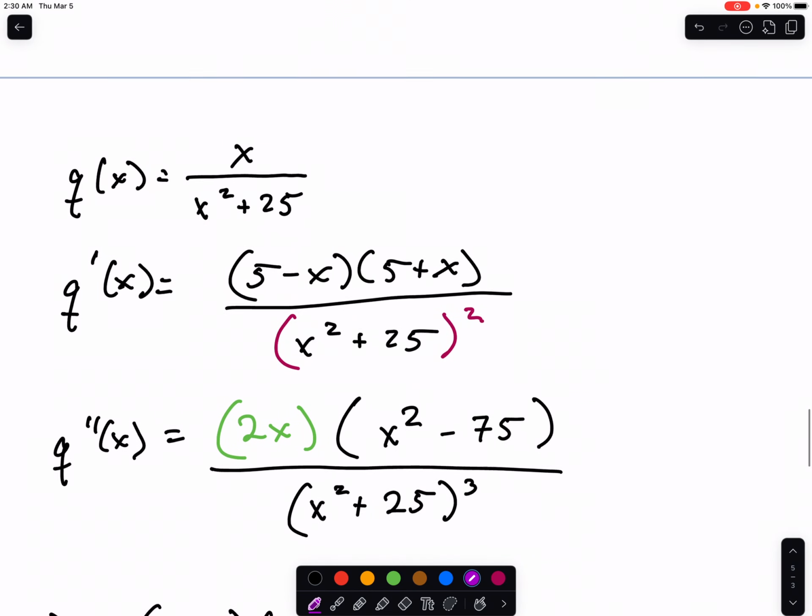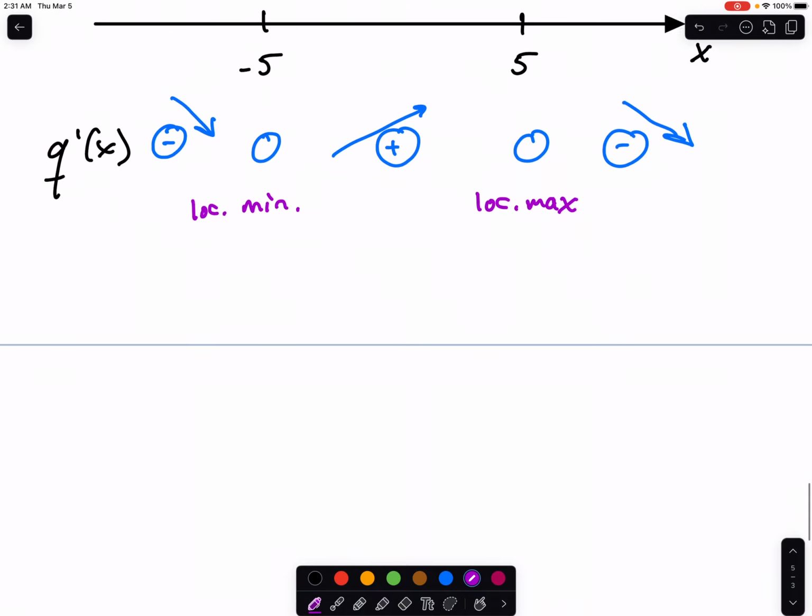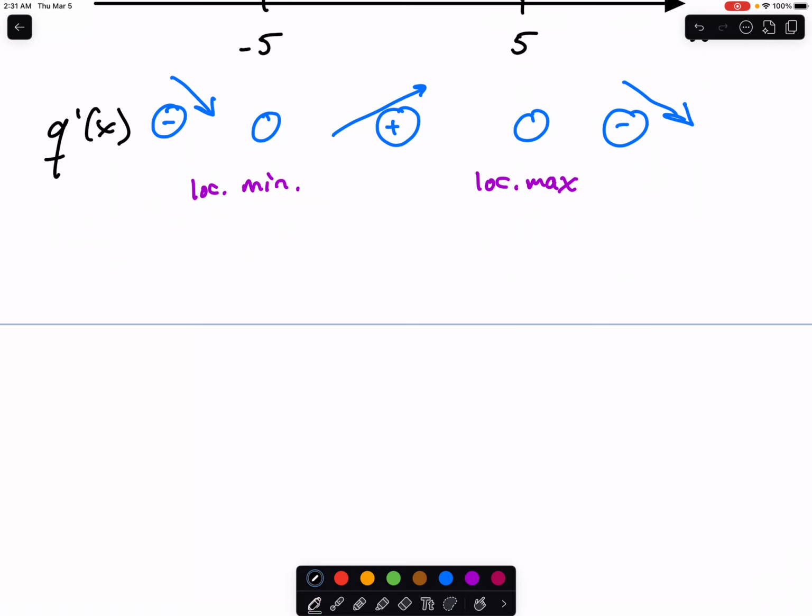If we plug -5 in, q of -5 is -5 divided by 50, which is -1 over 10, or -0.1.